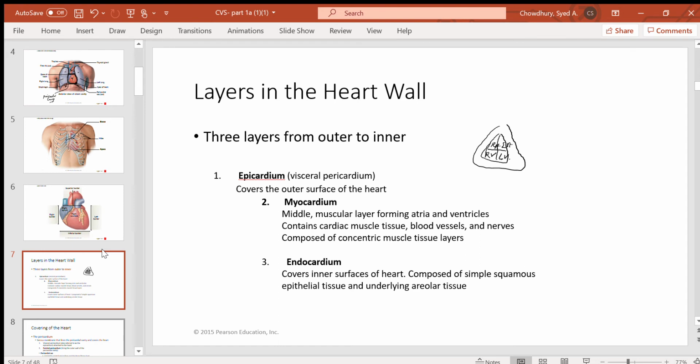And if you see the wall of the heart, the ventricular wall is thicker than the atrial wall. Atrial wall is actually much thinner than the ventricular wall. So if you see the atrial wall, it is thin, and the ventricular wall is thick.